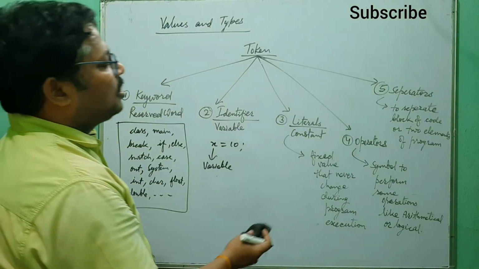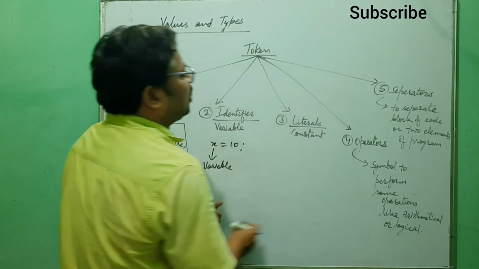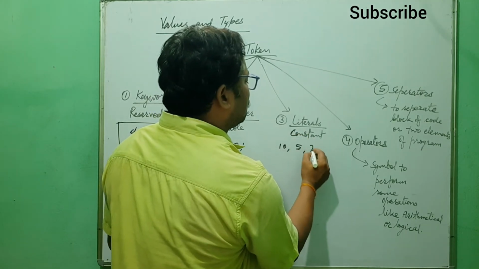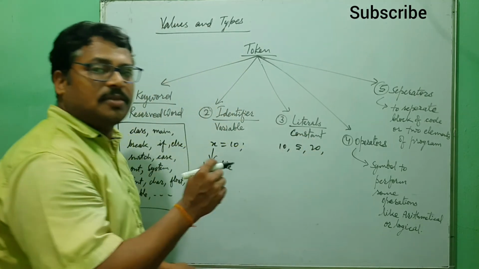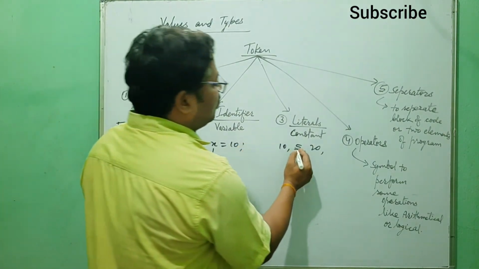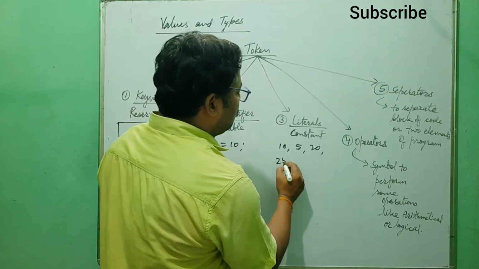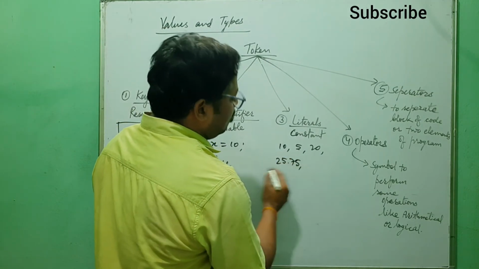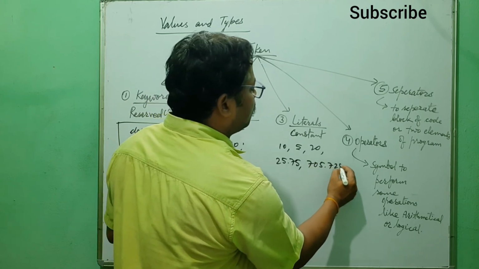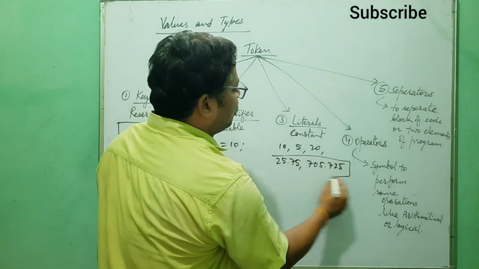Next thing is constant, or fixed value. This literal may be of different types. When we say 10, 5, 20, these are all fixed values. 10 means 10, 5 means 5. That is fixed; the value of 5 will not change. And 25.75 is also a type of fixed value. 705.725 is also a point type of value, a real value.